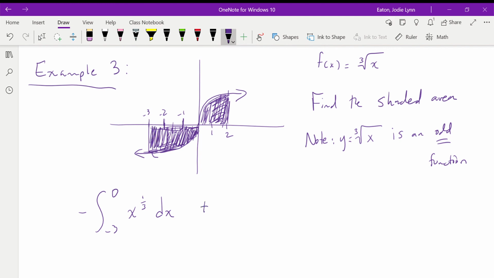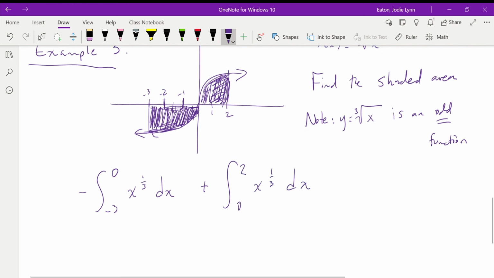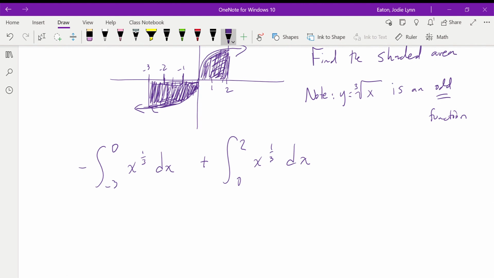We're going to add the integral from 0 to 2 of x to the 1/3 dx. Okay, so this is equal to -3/4 x to the 4/3, evaluated from 0 to -3, plus 3x to the 4/3 over 4. So this one is negative, this one is positive, same thing, and this one's evaluated from 0 to 2.